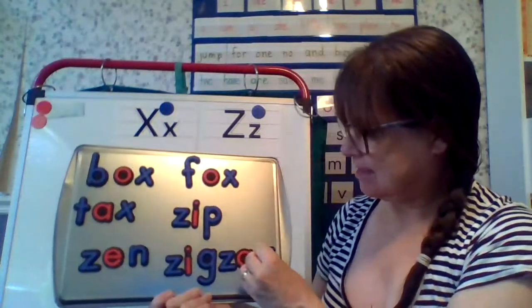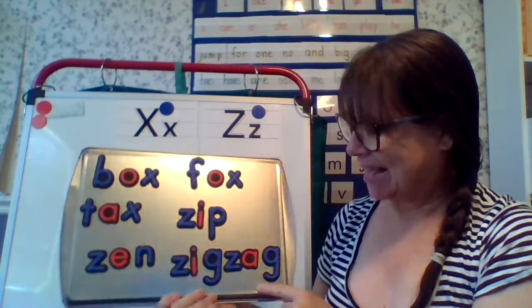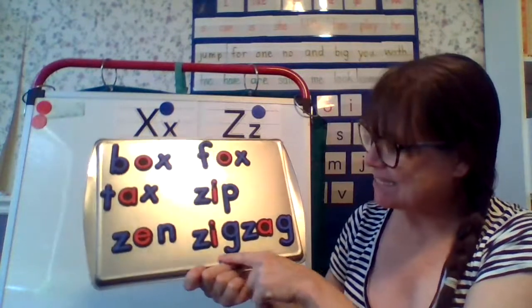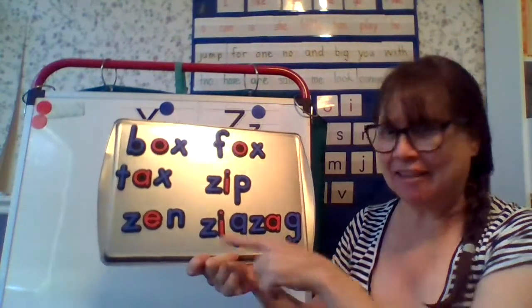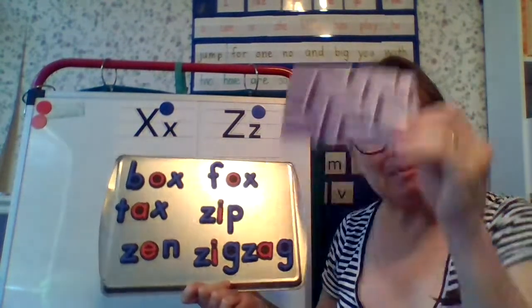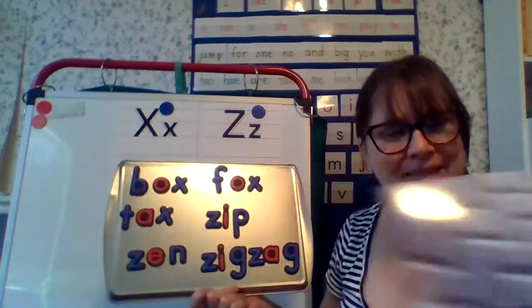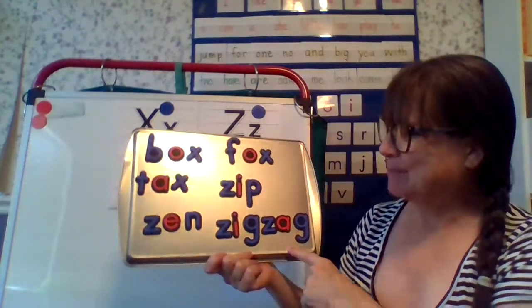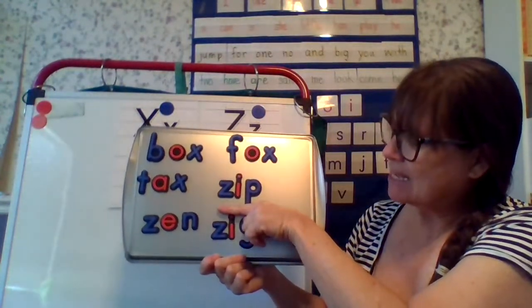Za. G. Zag. This is one word. Zig, zag. Zigzag. This is a zigzag. It goes up and down and up and down and up and down. That is a zigzag. Let's read our Z words.